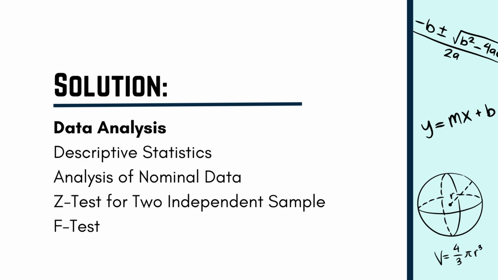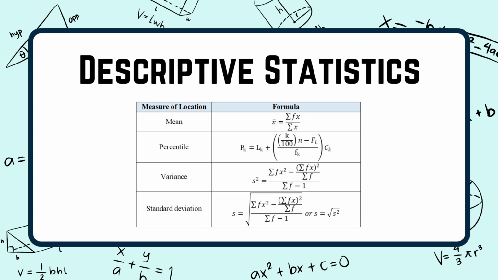Z-test for 2 independent samples is hypothesis testing for our initial assumption of data, and F-test is another form of hypothesis testing to determine whether the variance for both data samples are equal or not. These are the formulas that we used to determine the measure of central tendency as well as the measure of dispersion and variation for the data.